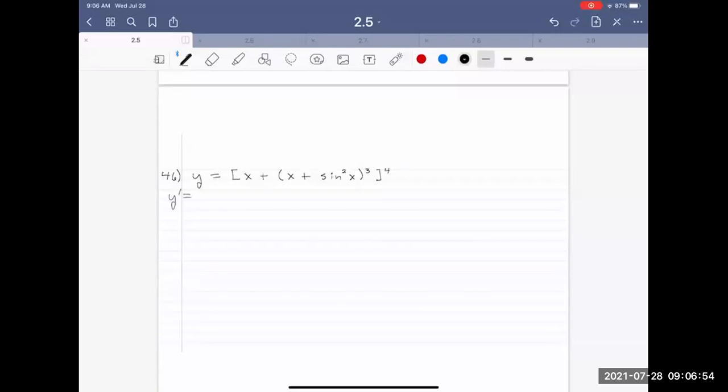And so this is equal to, bring down the exponent out in front, 4. Rewrite what's in the parentheses, what's inside, x plus sine squared x cubed, all to the power of 1 less.